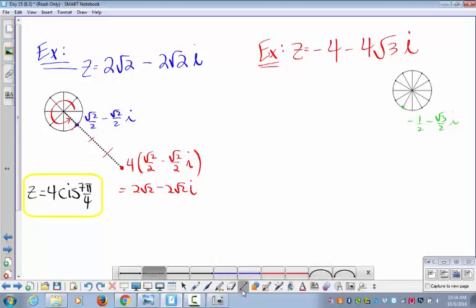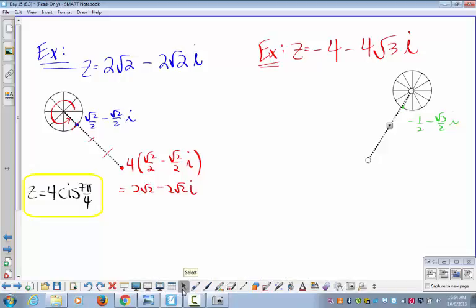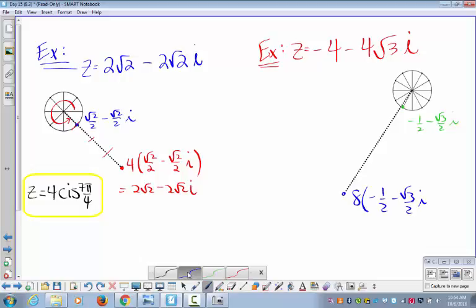So yeah, that's what we're thinking. We're thinking, oh, that complex number z is hopefully a scalar multiple of that terminal point. And sure enough it is. What do we multiply our unit circle point by to get z? Negative 1/2 times what is negative 4? 8. So we're going to multiply that by 8. So this is going to be 8 multiplied by negative 1/2 minus root 3 over 2 i.